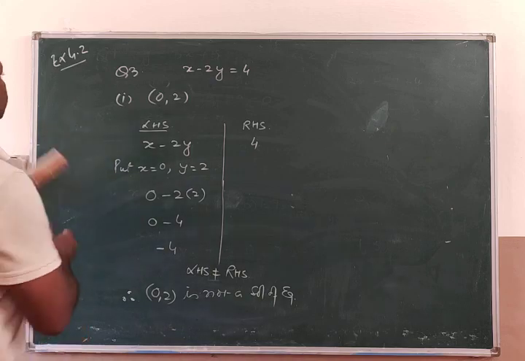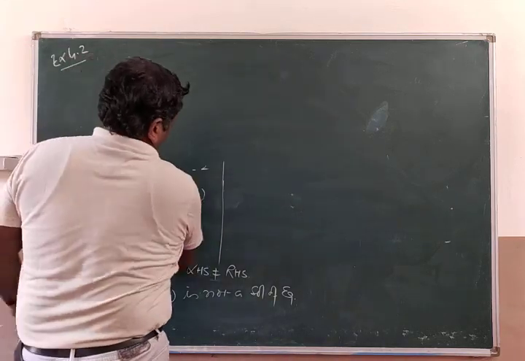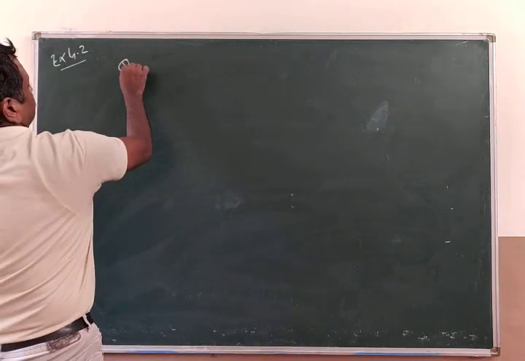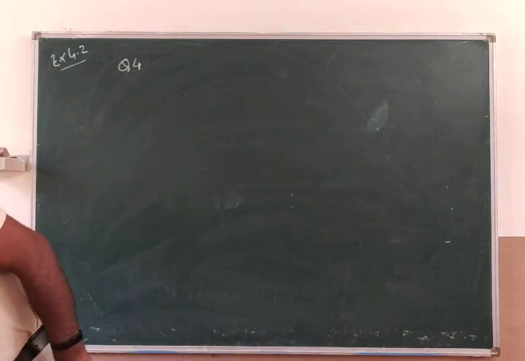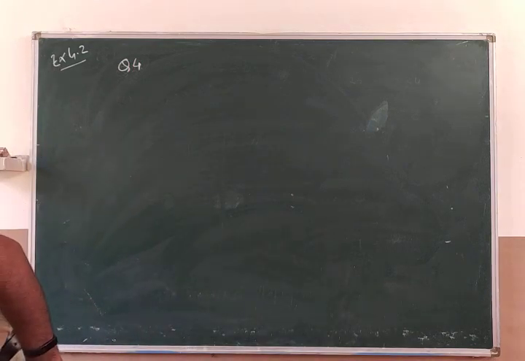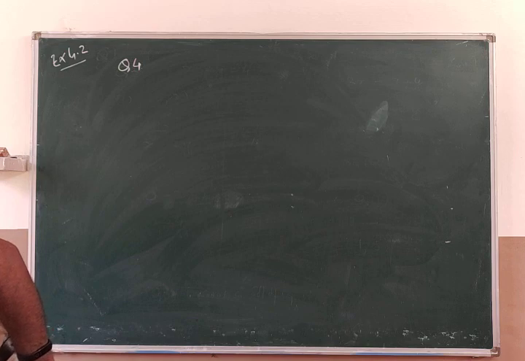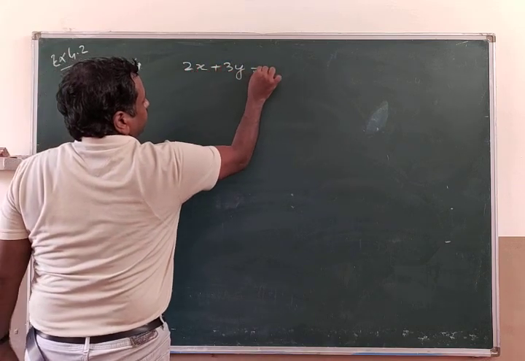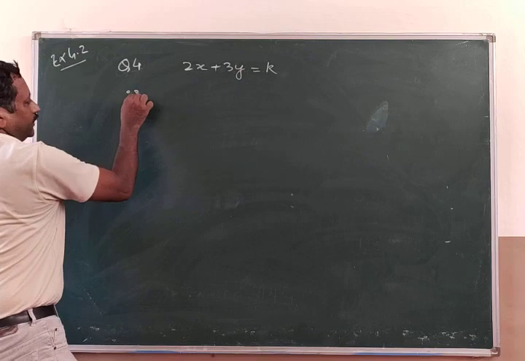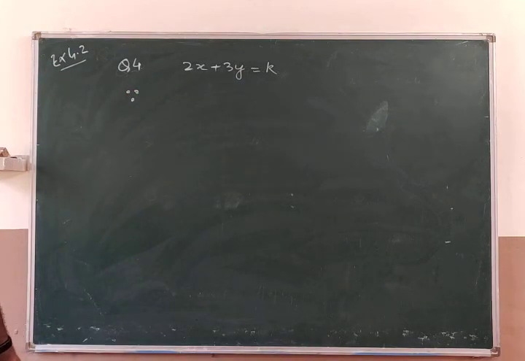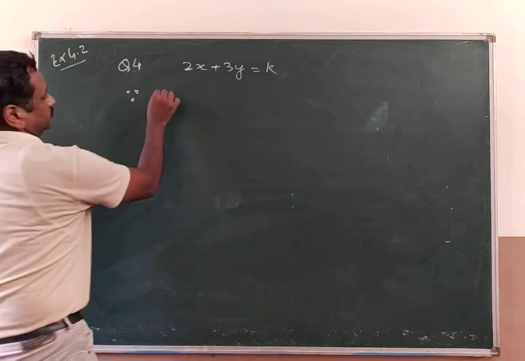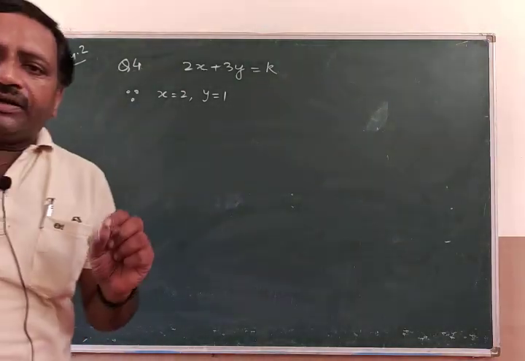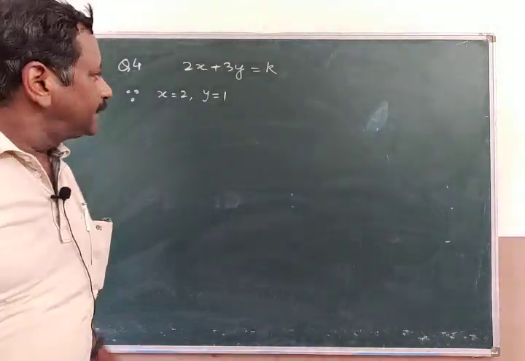Now come to question number 4. Find the value of k if x equal to 2, y equal to 1 is a solution of 2x plus 3y equal to k. Now here x equal to 2, y equal to 1 is already written in the question as the solution of the equation.